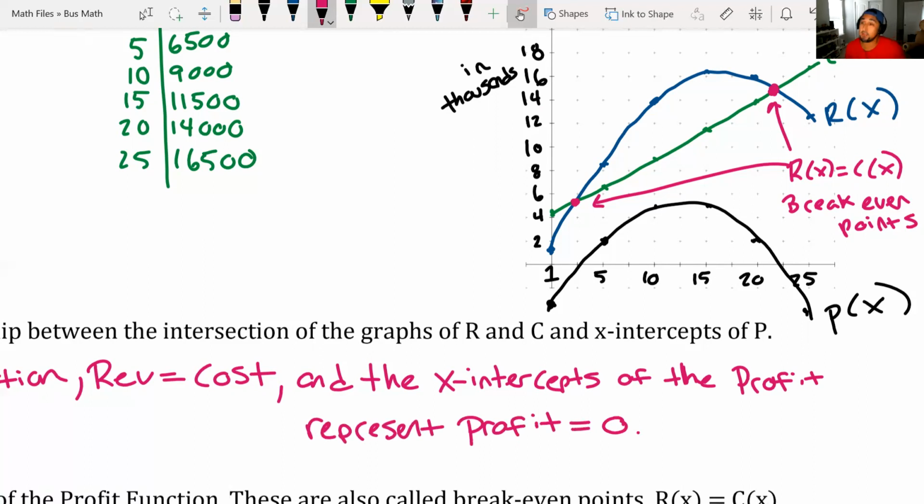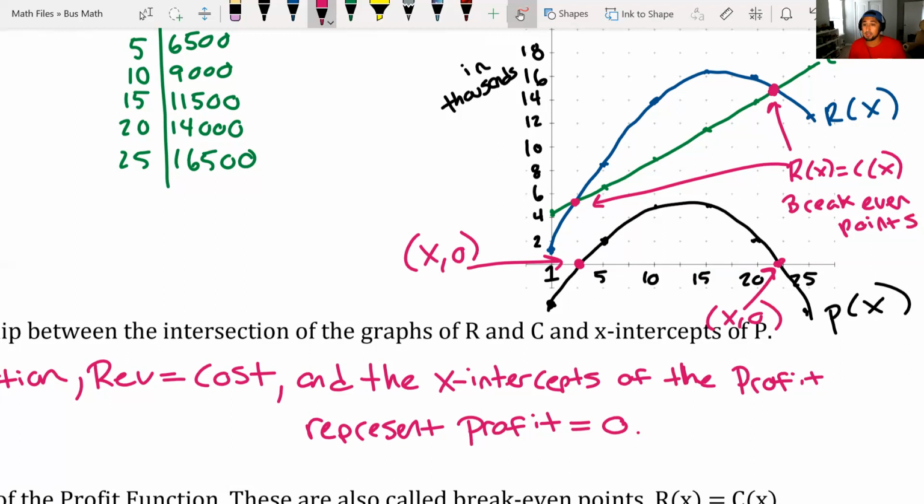Because if you look at the x-intercepts of the profit function, well, if these are x-intercepts, then y must be zero. Profit must be zero. So this would be (x, 0), and that would be (x, 0). The reason I put 0 is because if they break even, profit is 0.